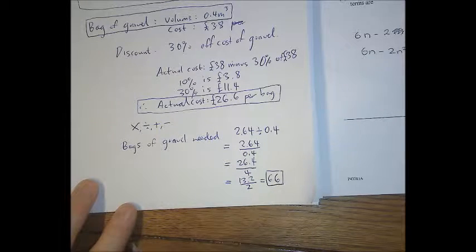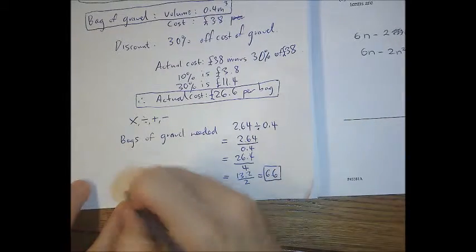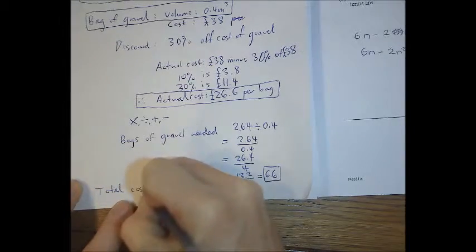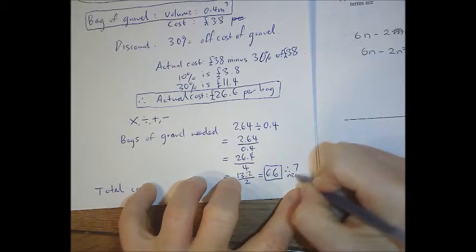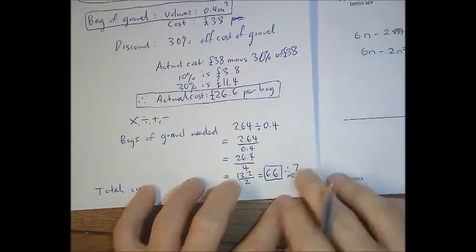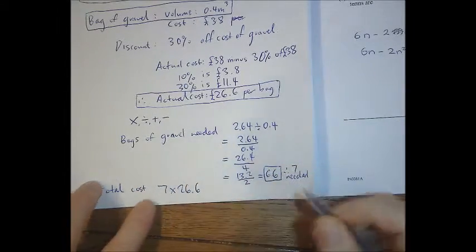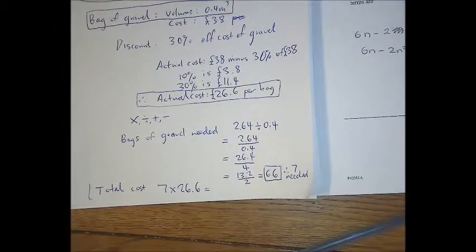So total cost is 7 times 26.6, which is 186.2 pounds.